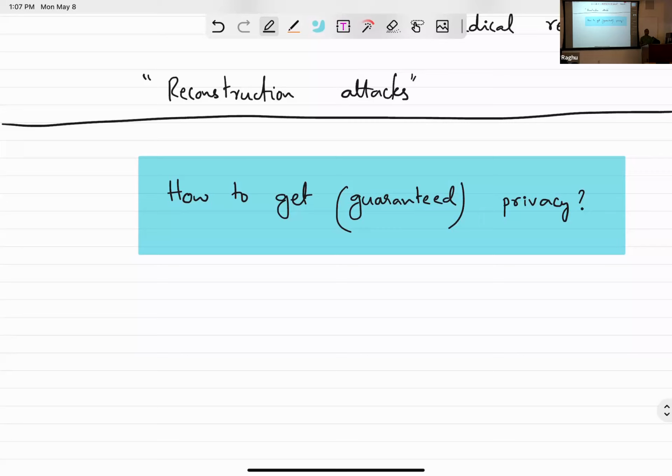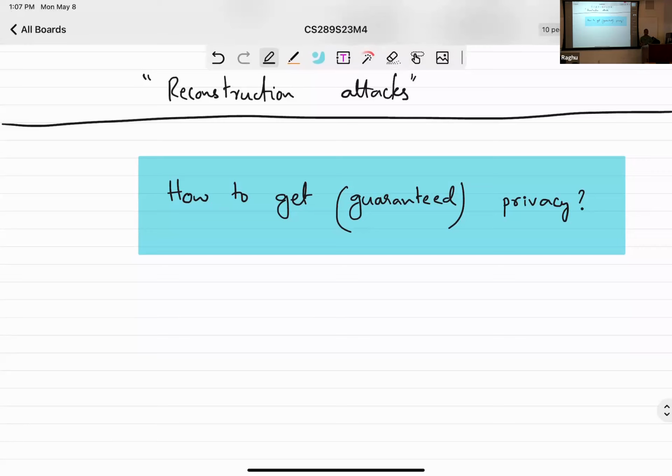But saying what you're releasing preserves privacy is not empirically verifiable. How are you going to demonstrate that you have privacy empirically? You can demonstrate accuracy empirically by having a holdout set or many other things, but for privacy it means proof of privacy.